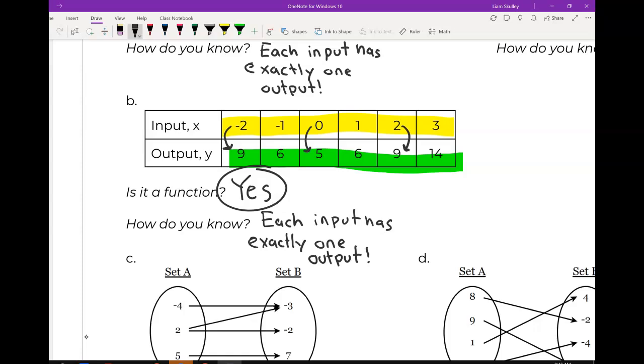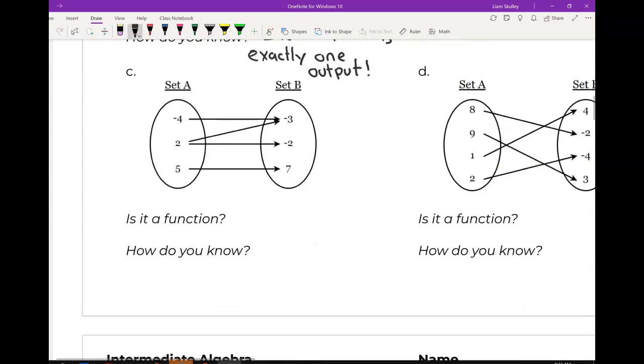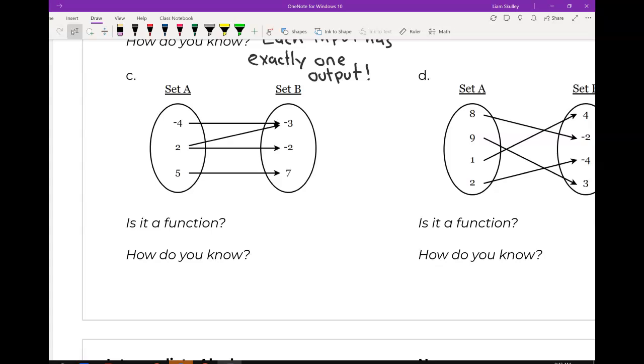So you're going to be asked to identify functions in three ways: when they're given as points, when they're given in a table, and these last two examples are what we call maps. If you think of set A as all of our inputs, and set B as all of our outputs, it shows with arrows what's going to come out when you put something in.